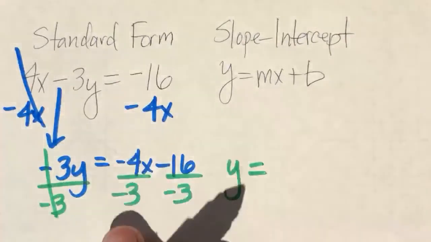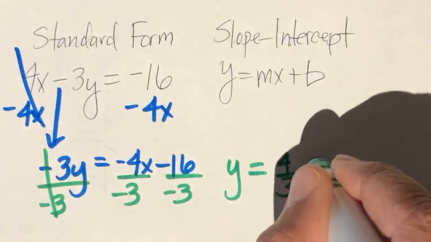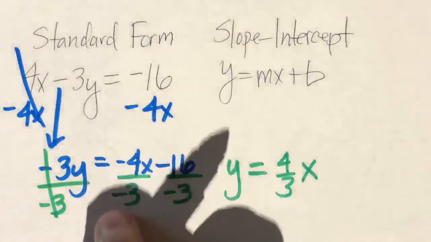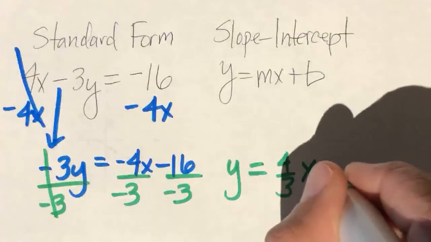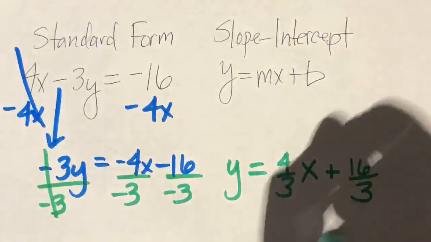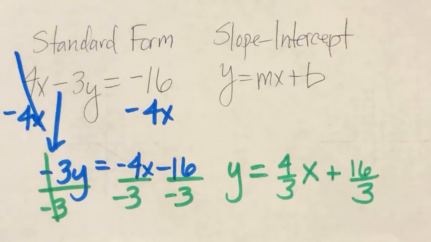And then negative 4 over negative 3 gives you positive 4/3 x, because negative over a negative. And negative 16 over negative 3 gives you positive 16 over 3. And you can't really reduce those. They're ugly numbers. So you may see one of those. But the rest of them will be fractional distance, angle types, that kind of thing.